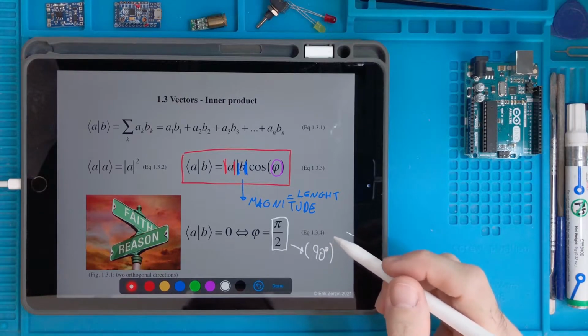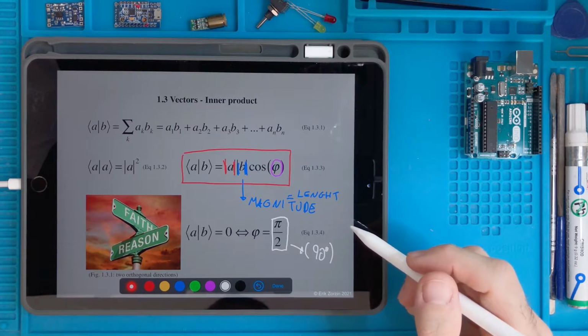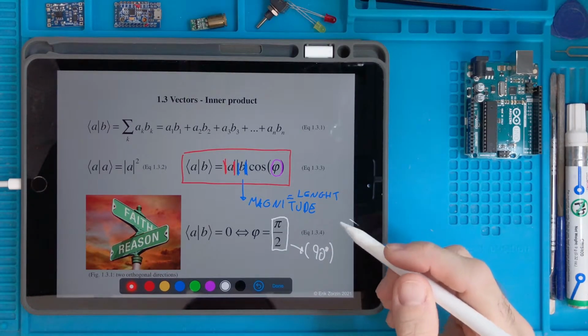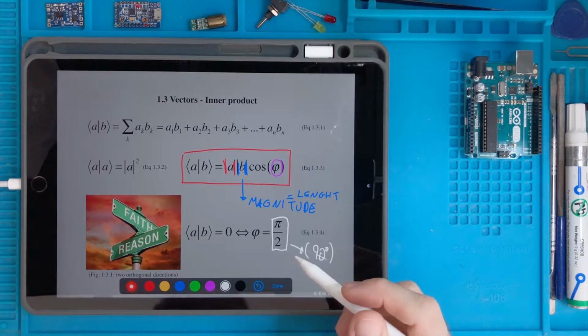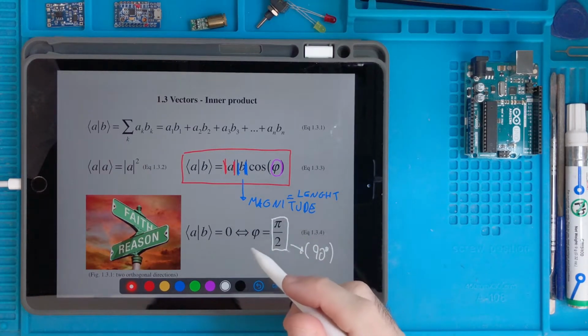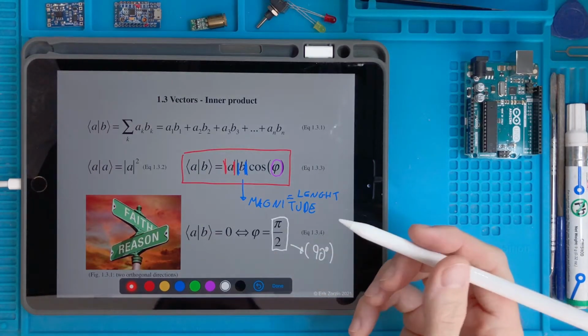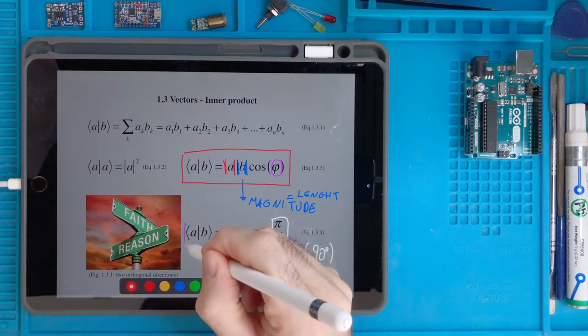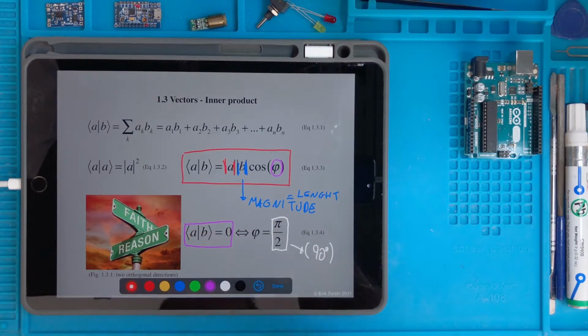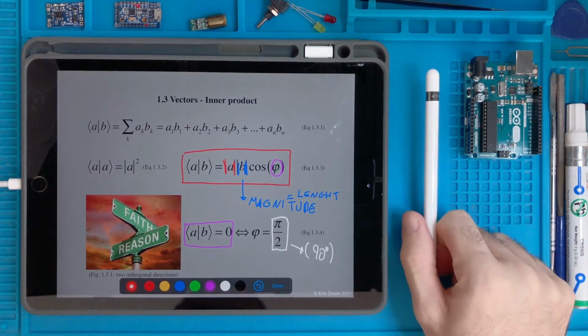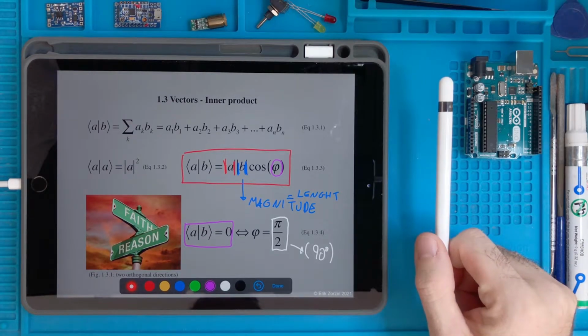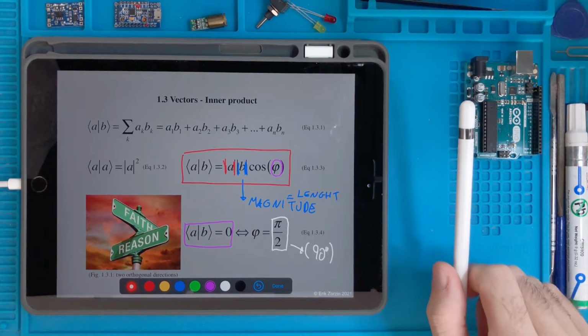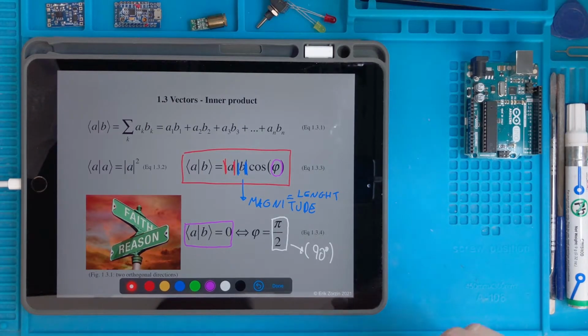So those vectors having this angle between them have a so-called inner product, also called scalar product, equal to 0. So when you meet two vectors having inner product 0, it means that they are orthogonal to each other.